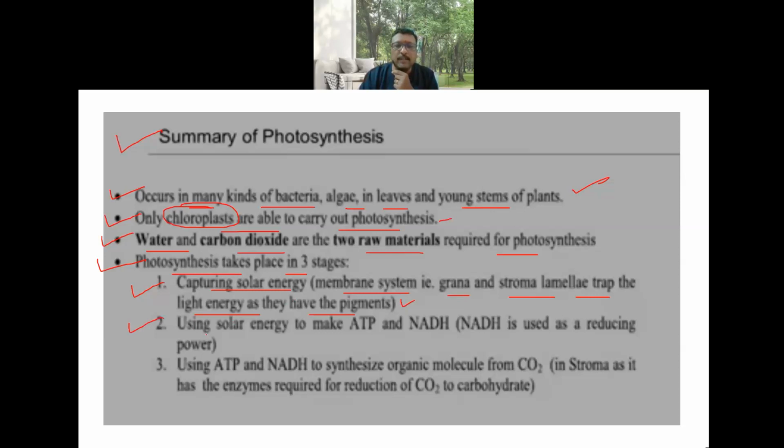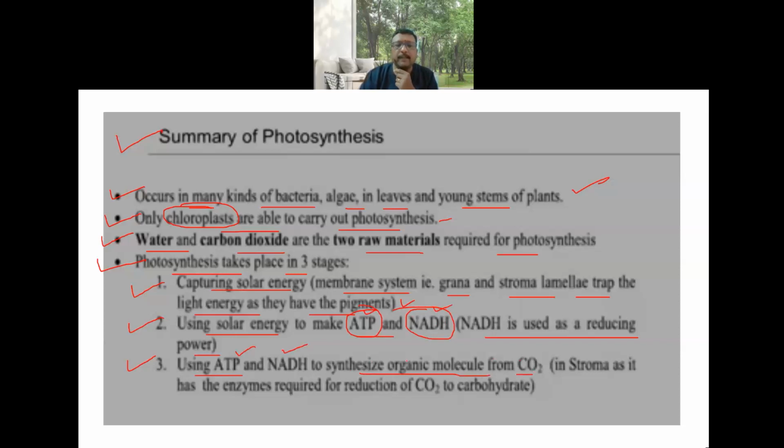Then they use the solar energy to make energy in the form of ATP and NADPH. NADPH is the reducing power. Mainly ATPs are produced here during the light phase. And the second part is the dark phase of photosynthesis, where they use the ATPs and NADPH produced during the light phase to synthesize organic molecules from carbon dioxide.